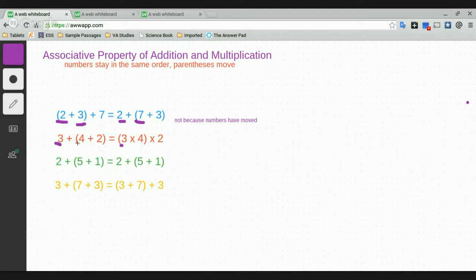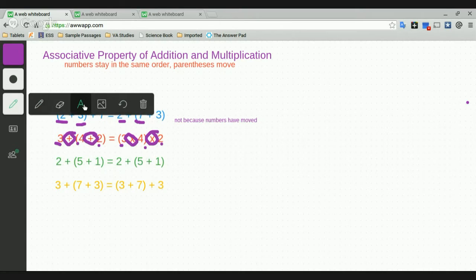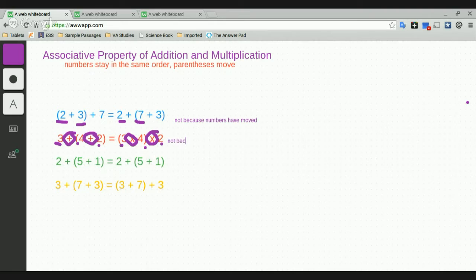We have 3, 4, 2, in the same order. The parentheses did move from here to here, but look at the signs. We have plus signs here, and here we have multiplication signs. So that is not an example, because the signs have changed.